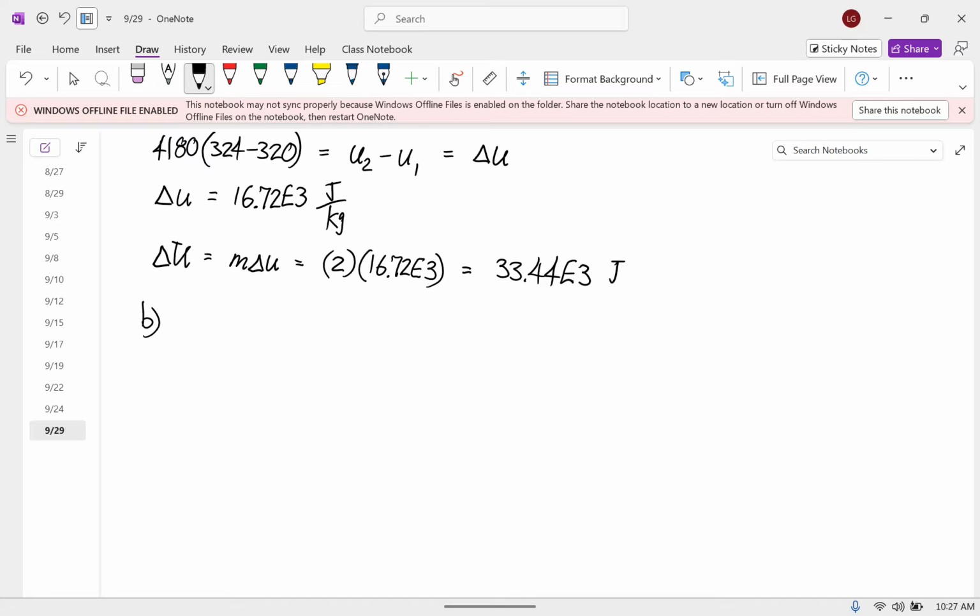Well, we know that the change in specific enthalpy is equal to the change in specific internal energy plus the change in pressure times specific volume.